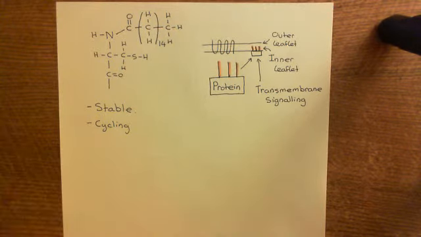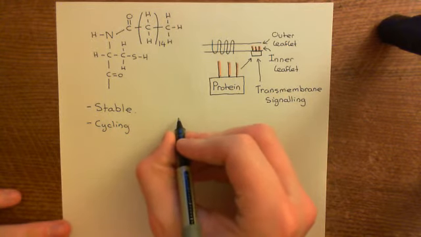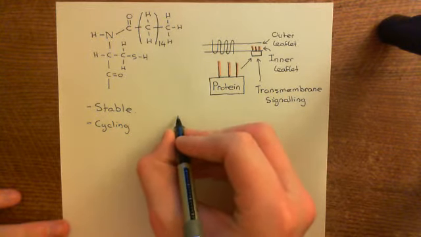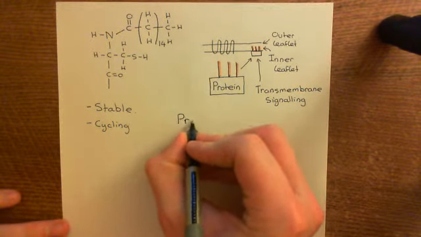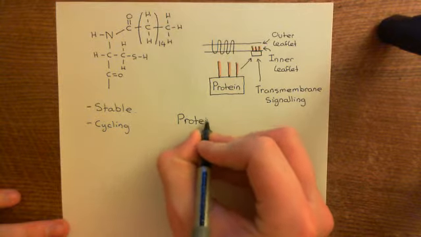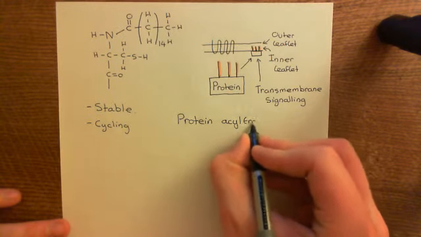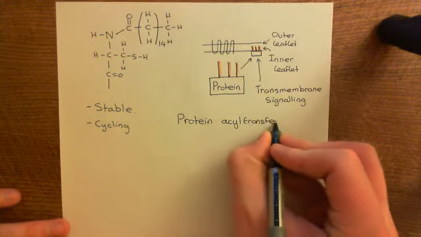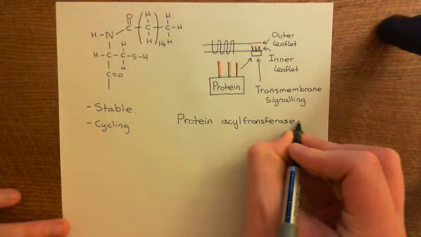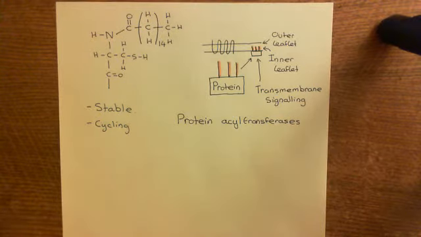Okay, right, so these enzymes are in the class of enzymes known as protein acyl transferases. Okay, so all of these enzymes will be in the class of protein acyl transferases, which are enzymes which will add acyl groups onto proteins.